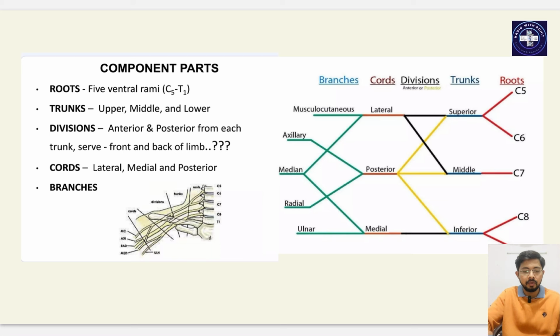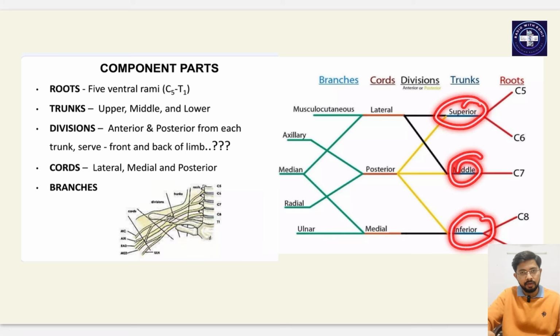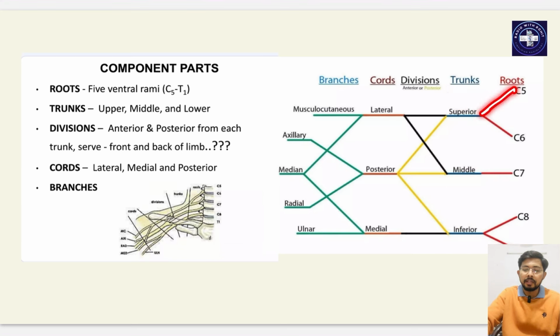So far we have seen that there are 3 trunks: superior trunk, middle trunk and inferior trunk. Superior trunk is formed by the fusion of C5 and C6, while the inferior trunk is formed by the fusion of C8 and T1, while the middle trunk continues as the C7 root. Each trunk will divide into two, anterior and posterior.